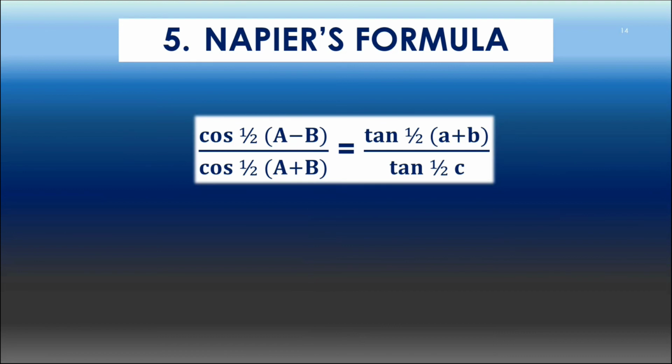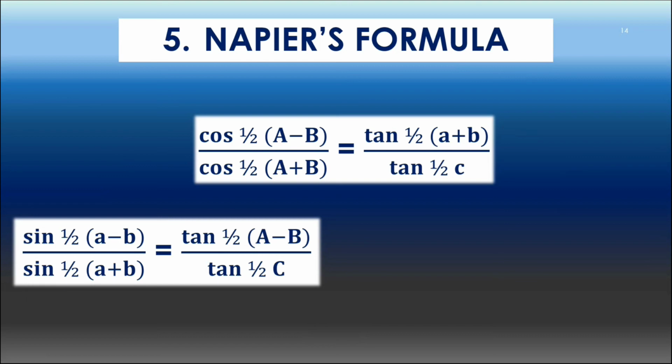For the Napier's formula, we have the ratio of the cosine of half of the difference of angles A and B divided by cosine of half of the sum of angles A and B equals the ratio of the tangent of half of the sum of sides A and B over tangent of half of side C. We also have, for sine, sine of half of the difference of sides A and B divided by sine of half of the sum of sides A and B equals tangent of half of the difference of angles A and B divided by tangent of half of angle C.